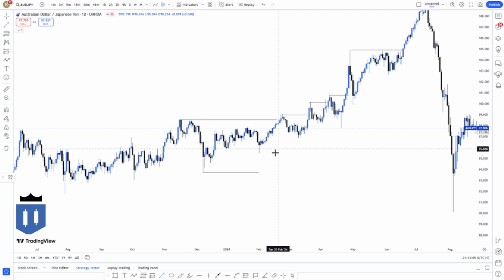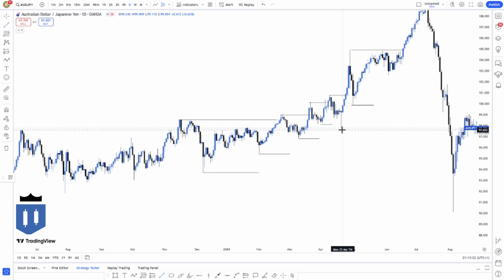This low led to the breaking of this high. This low also led to the breaking of this high, and here we have this low too, and this low too, doing the same thing. We're just breaking the highs. This low led to the breaking of this one. This low led to the breaking of this one.